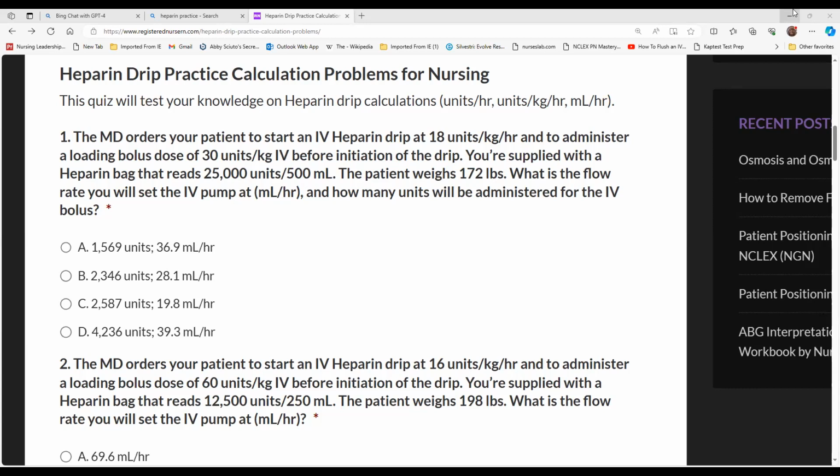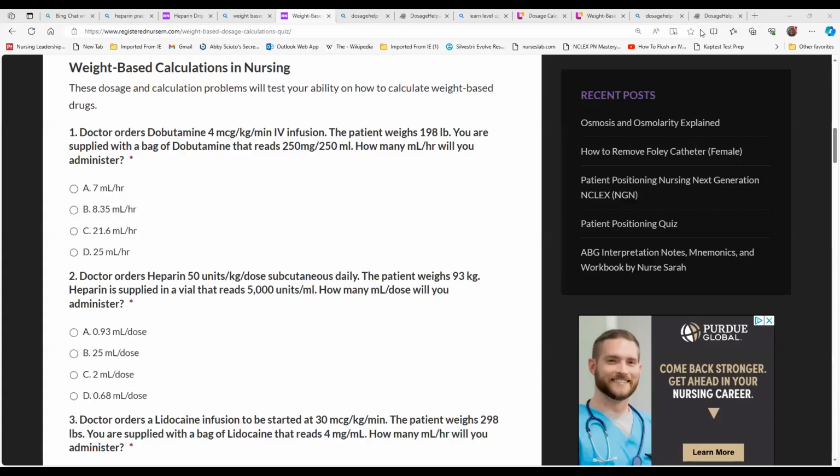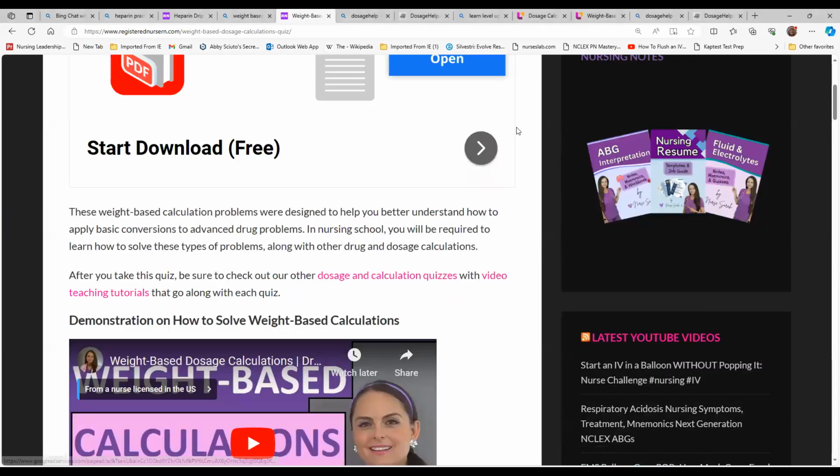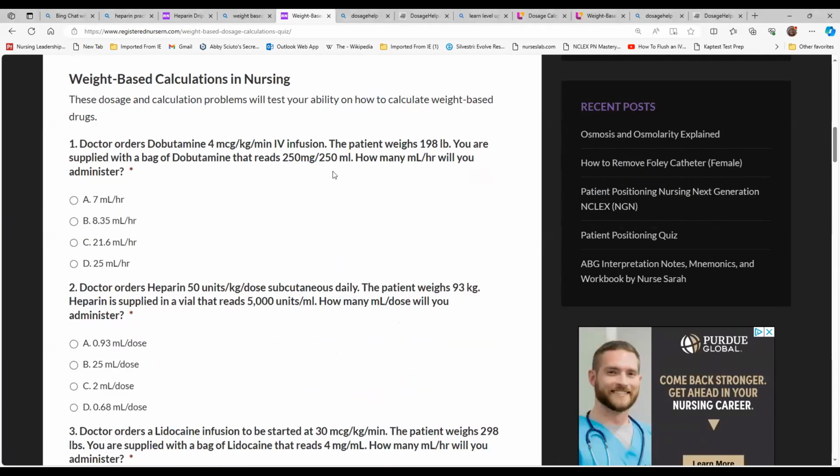I'm just going to pause this for a minute. We start here with what the question's asking us. Again, it's asking us for mLs per hour, so this is going to be desired over half. Out of this question, you're going to take your weight, which is 198.